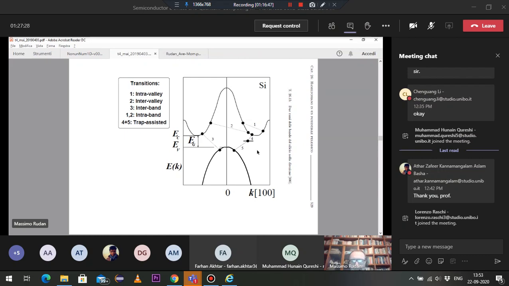Physically, that energy state is only in the position of the defect inside the crystal, not in every physical position of the crystal.